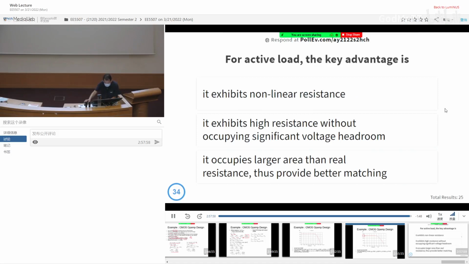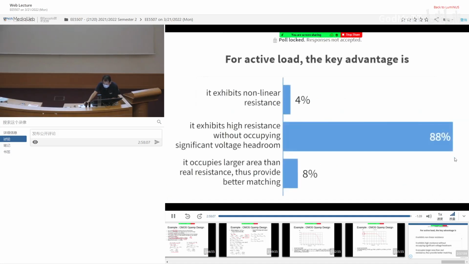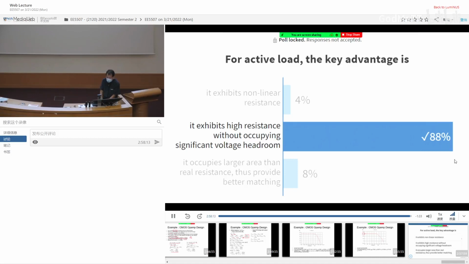Okay, 25 students already. Okay, all done? Okay, let's go. Okay, good. Most of you get it right. Okay, the beauty of active load is basically high resistance without occupying significant voltage headroom.